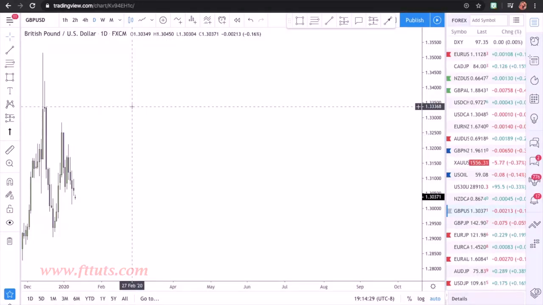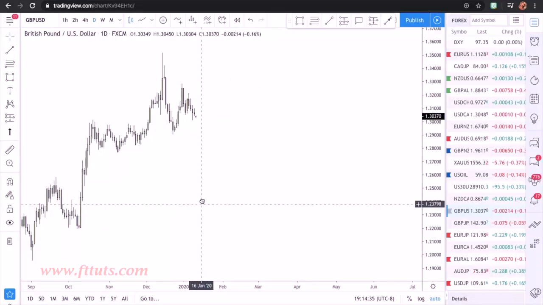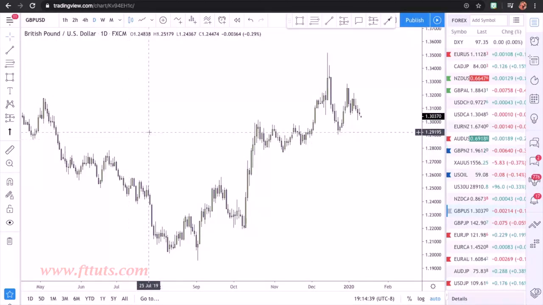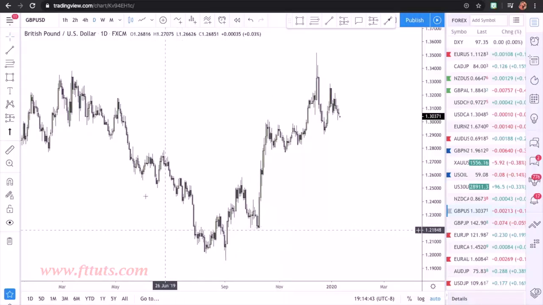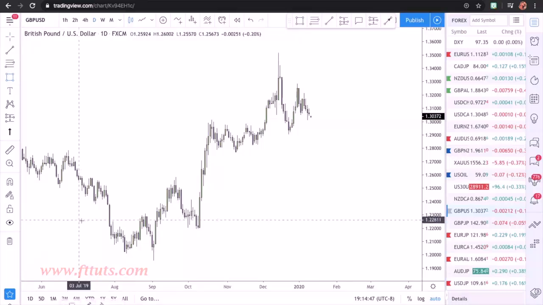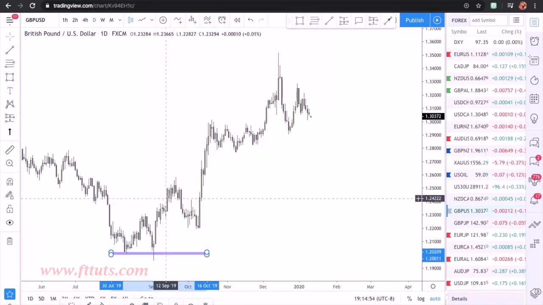So let's just look at a couple real examples on the chart. Okay, so looking at, let's just see here. Price is in a downtrend right now. Price respects this support, and price continues up.